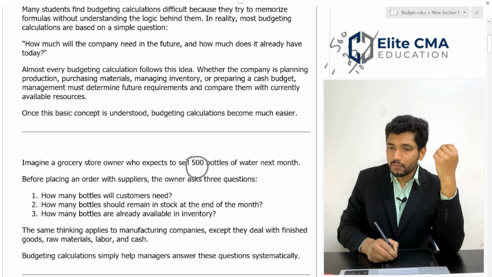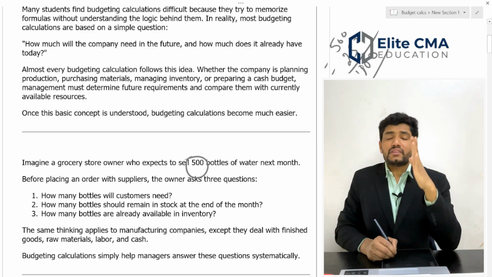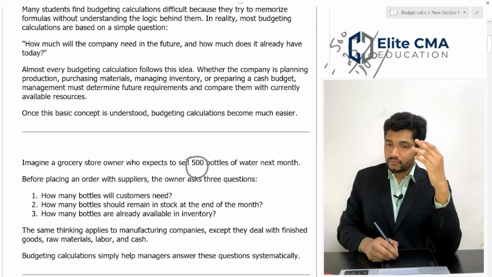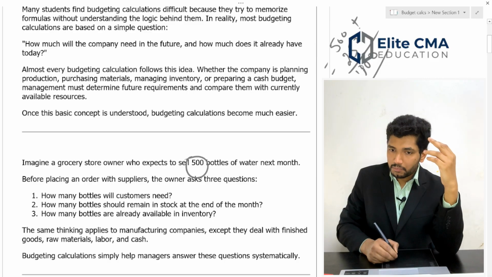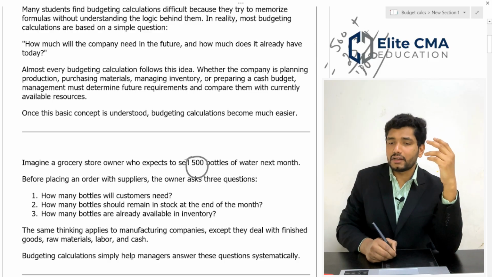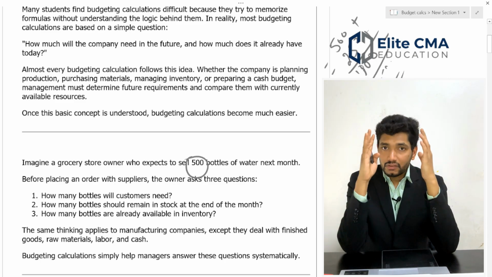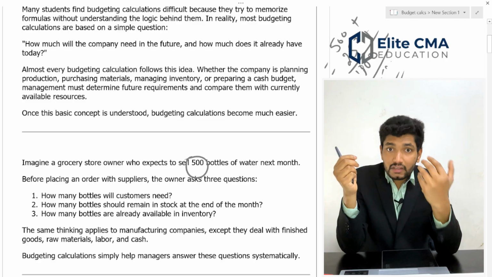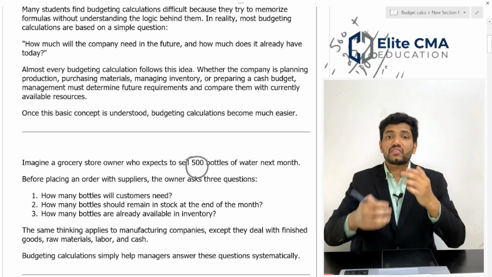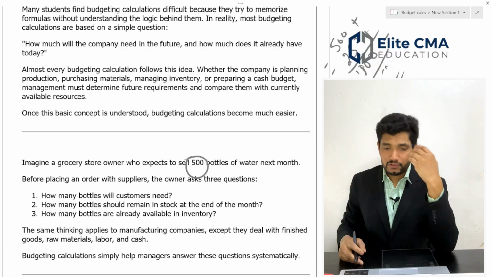Suppose you already have an opening stock of 100 units. How much do you have to order? 500 plus 250 minus 100, that is 650 units only. This will satisfy your ending stock requirement, and it considers your opening inventory as well.